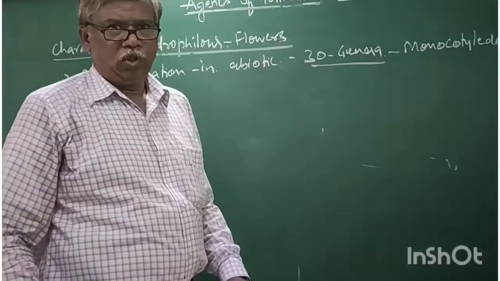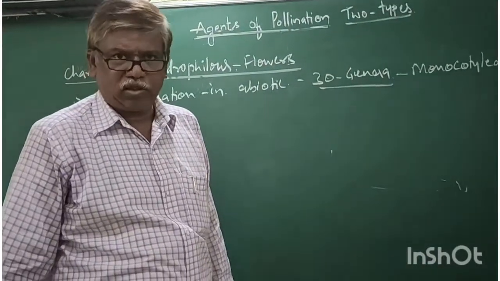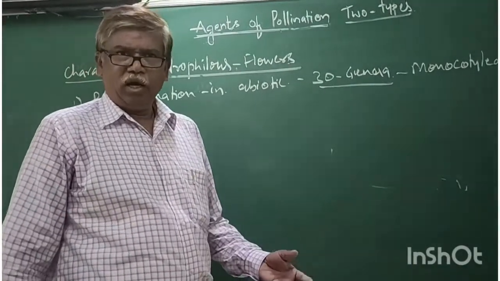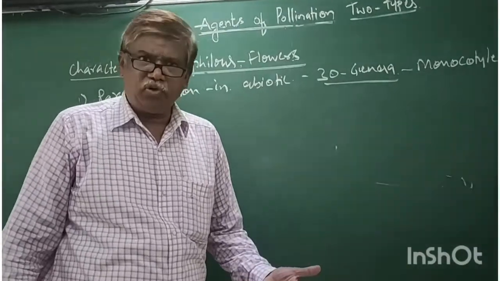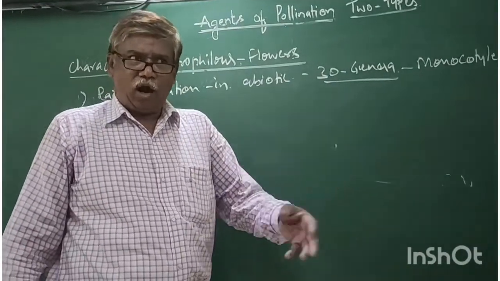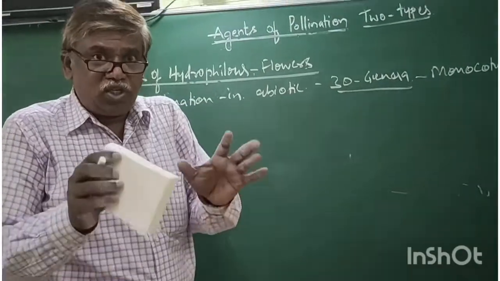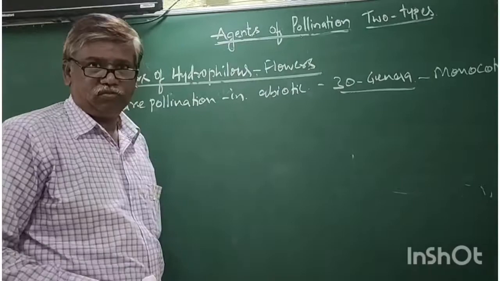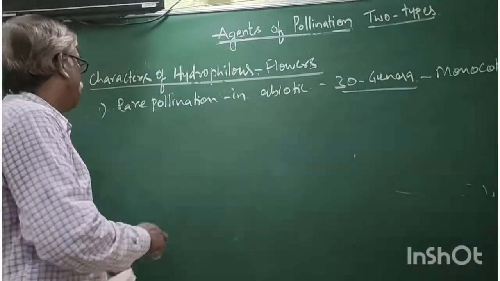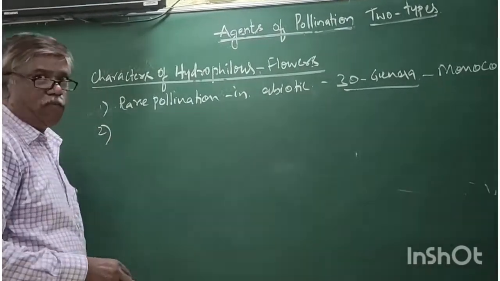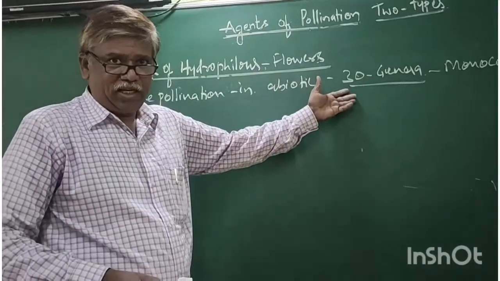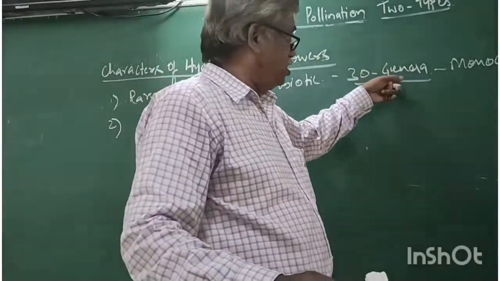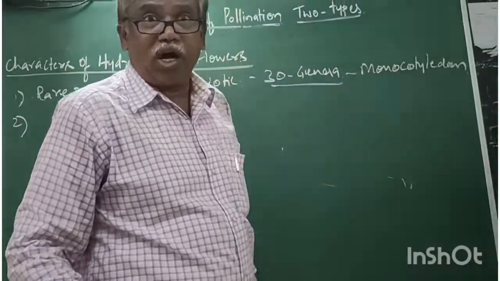Right. Different types of pollination based on the agents: hydrophilous, anemophilous, entomophilous, malacophilous. Among these various types, which is very rare? That is hydrophilous. Now, second one. How many genera are taken? This pollination is in 30 genera, not 30 species. Among these 30 genera, most belong to the monocotyledons.